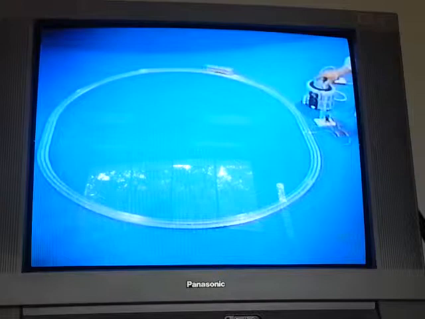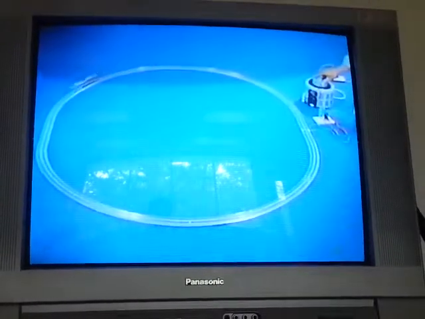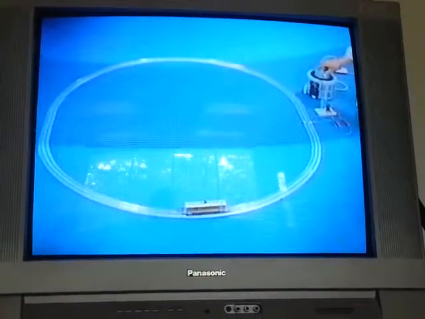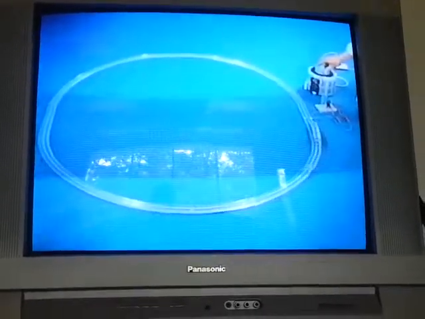Such a simple device can rectify the alternating current into the direct current and set the model car in motion. It's really surprising, isn't it?